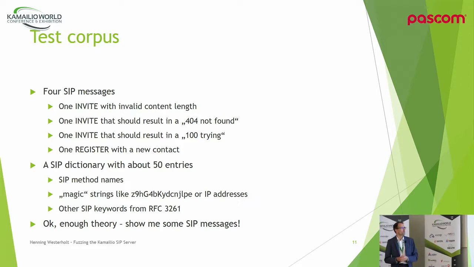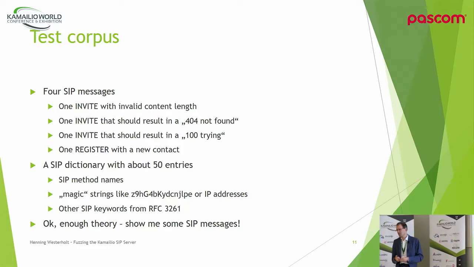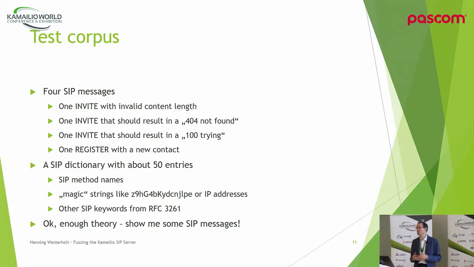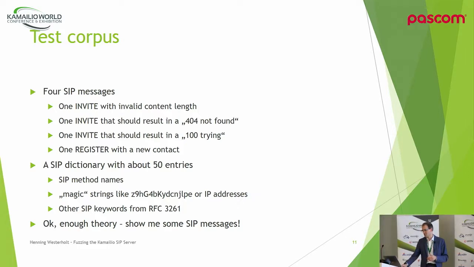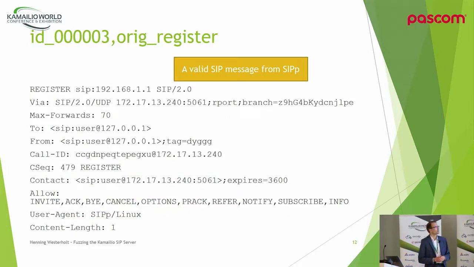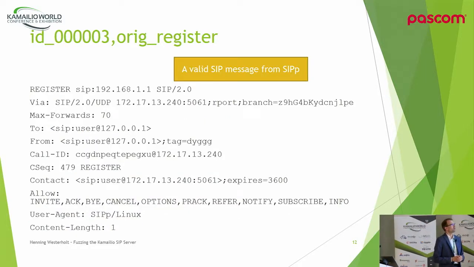Now I want to show you some SIP messages of how it actually works, because in my opinion it's rather interesting how this program works. This is like a starting point.